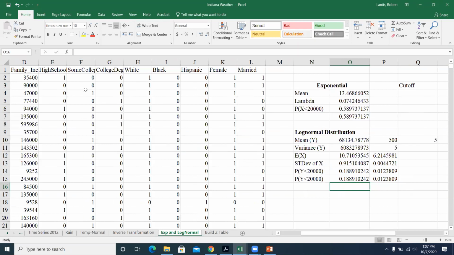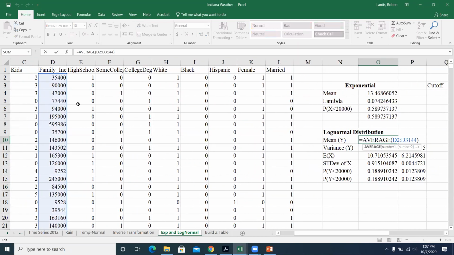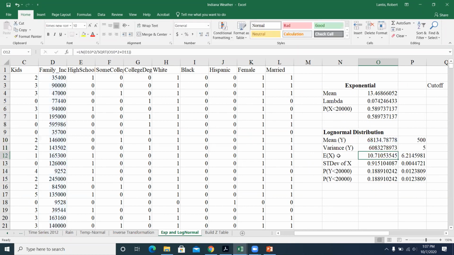So this is where I had this variable of income. If I knew it was log normally distributed, well, the variable I actually see, or that y variable, is here in my data set. Okay. So I can find the mean just using that average function. I find the variance just using my variance function. Here we'll treat this as a sample. To convert those into my mean, so you think about this here, I said expected value of x.